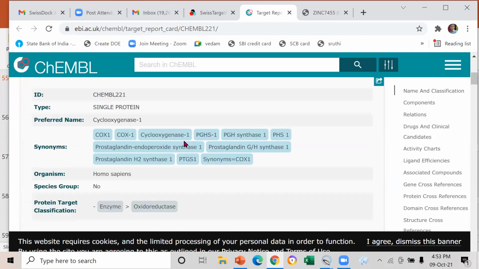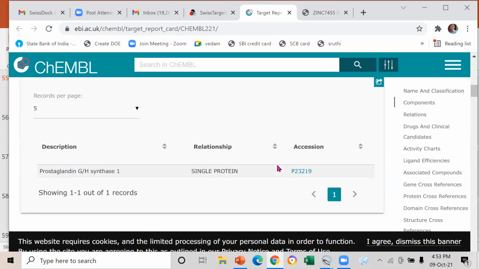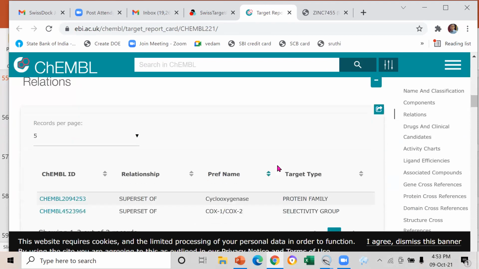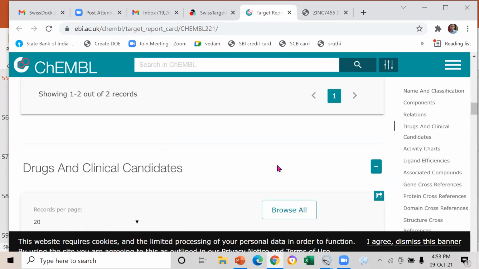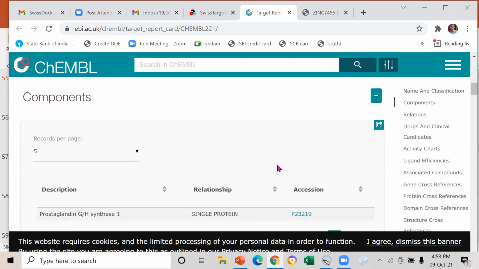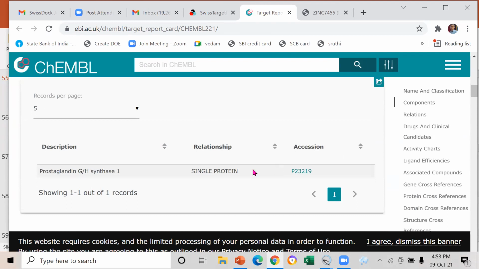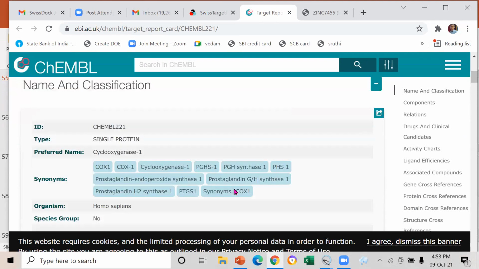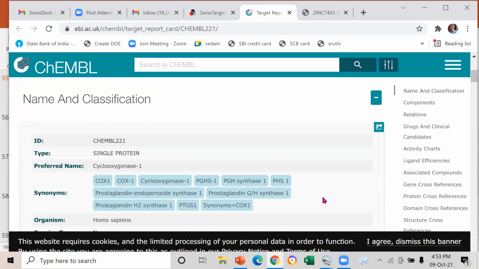Then it will give you drugs and clinical candidates, and an activity chart.